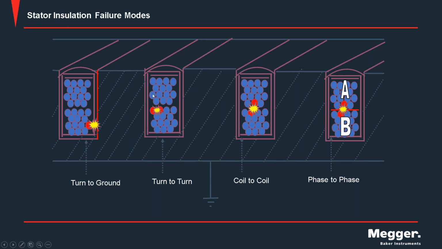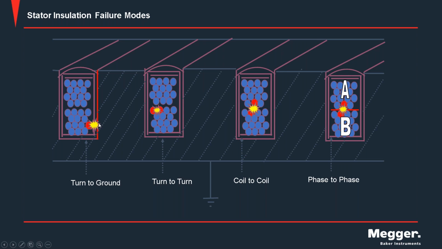Each one of those groupings of blue circles represents the slots in that stator, and the blue circles themselves are the individual conductors. With that in mind, if we talk about the turn-to-ground failure, we're talking about that insulation barrier breakdown in the slot between the conductor, through the enamel coating of that conductor, through the insulation layer that's in the slot cell insulation, and then finally to the iron.